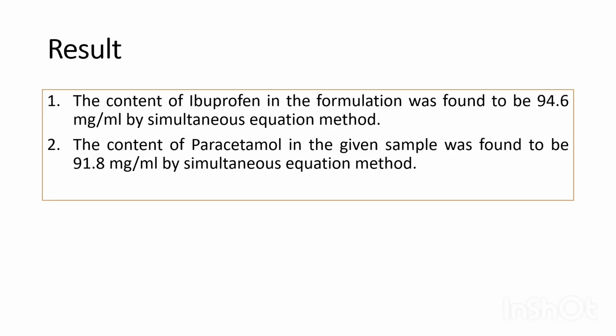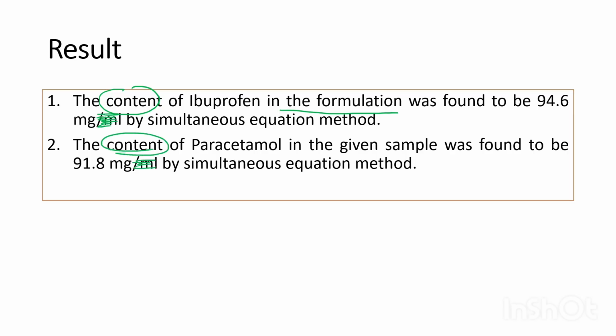Content of ibuprofen in the formulation was found out to be 94.6 mg per ml by simultaneous equation method, and the content of paracetamol in the given sample was found out to be 91.8 mg per ml. अभी अगर content in the formulation बोल रहे हैं तो आप सिर्फ mg भी लिख सकते हो, okay?